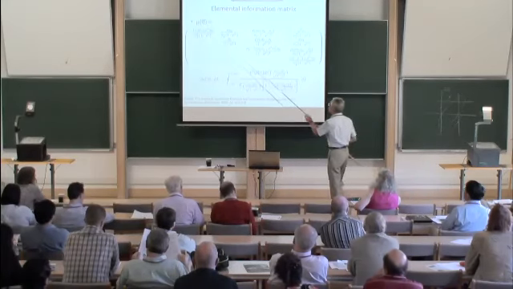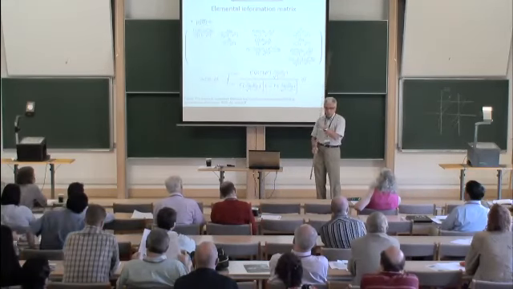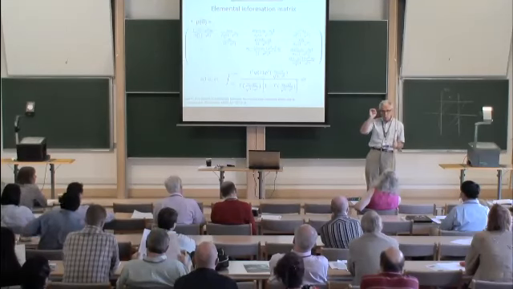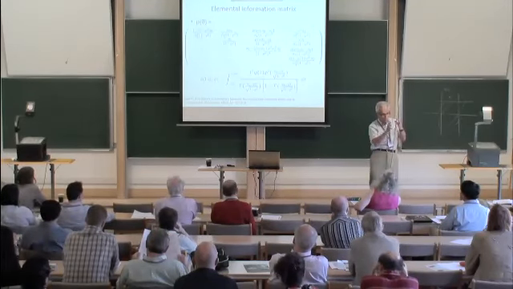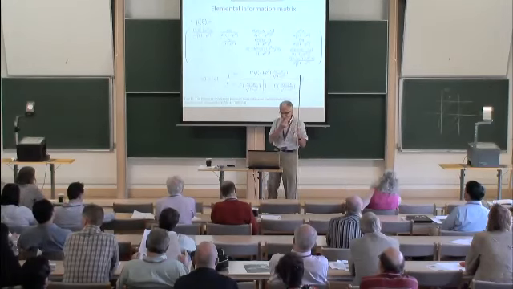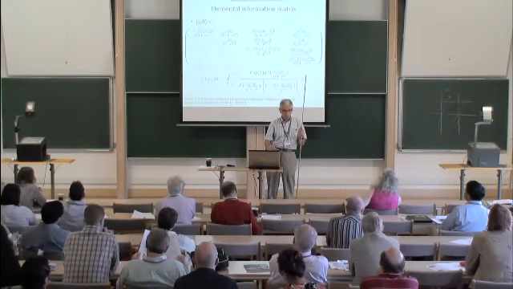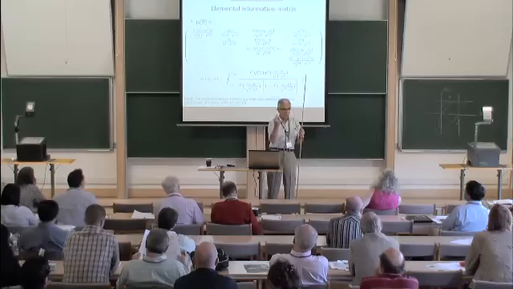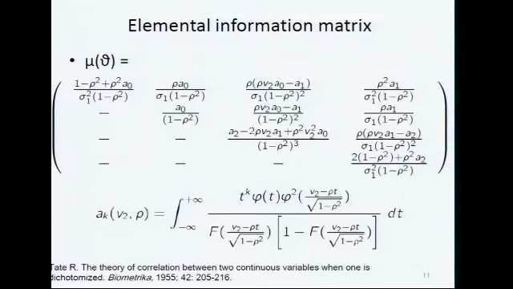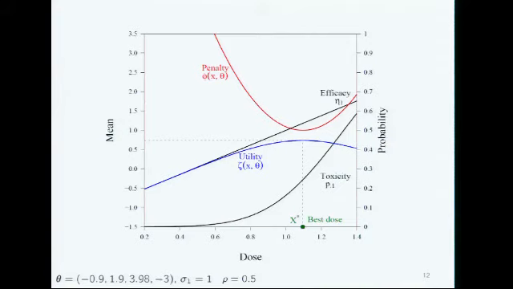So what we need is the information matrix. I called it the elemental information matrix because we have elemental, basic parameters. But you can see that there is still no dependence upon dose. All this is done for a given dose, given mean. So we have to introduce dependence upon dose.